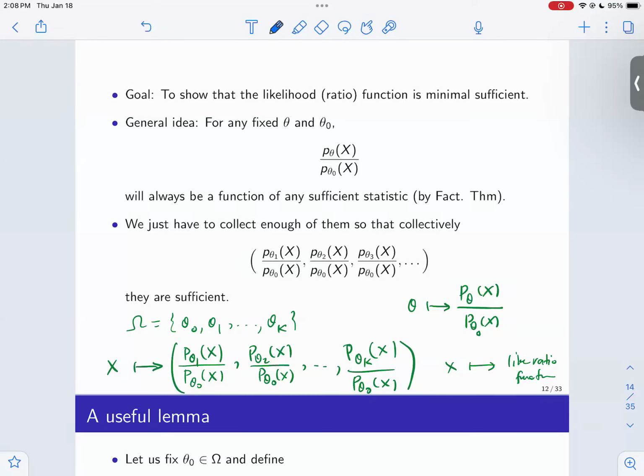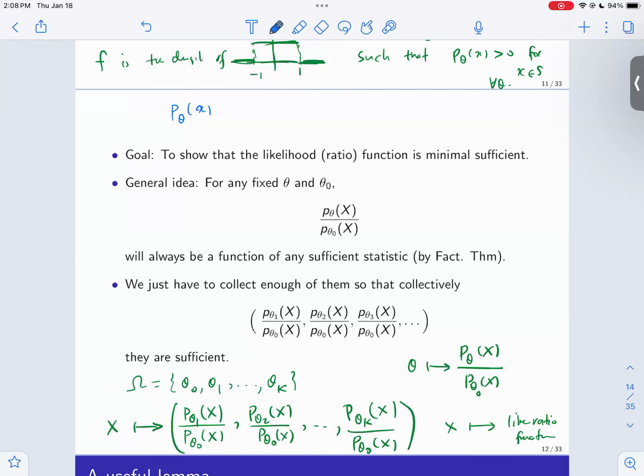So if you remember, we just have a general parametric family. So this is basically the density of p theta. So let's say if p theta, for example, is normal with mean theta and variance 1, then this p theta of x is 1 over root 2 pi, e to the negative (x minus theta) squared over 2.